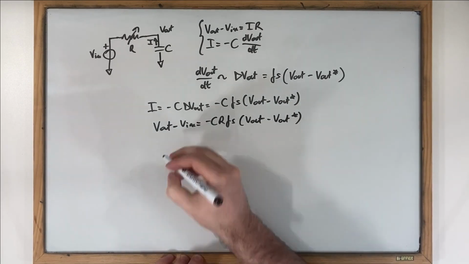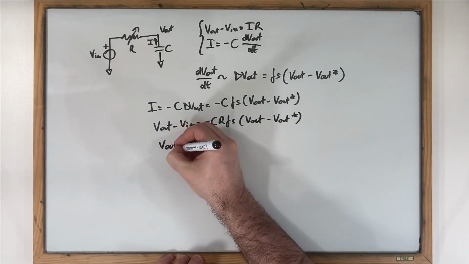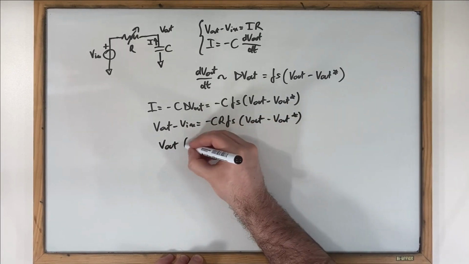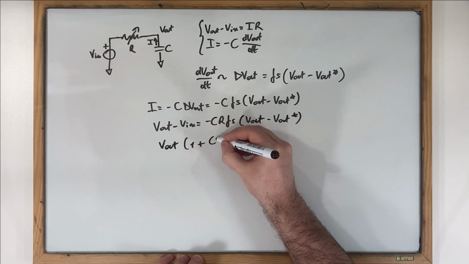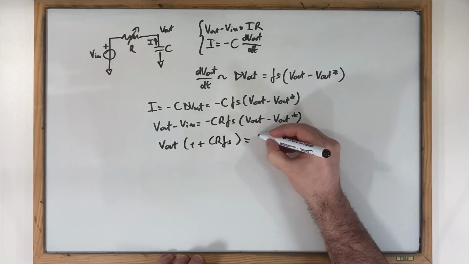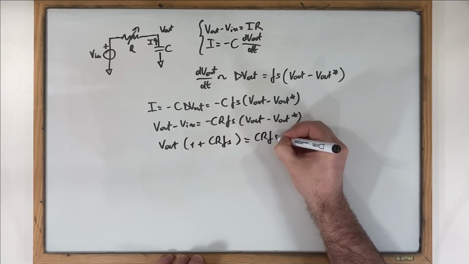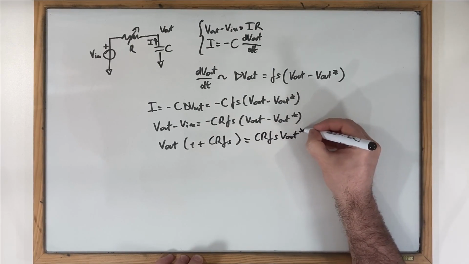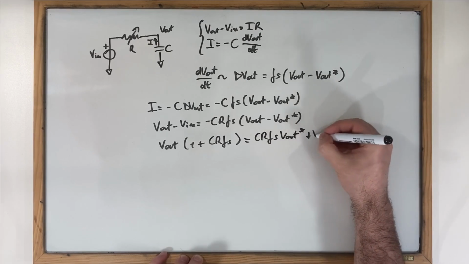We can solve for Vout, and we get that Vout times (1 plus CR times sample rate) equals CR times sample rate times Vout delayed plus Vin.